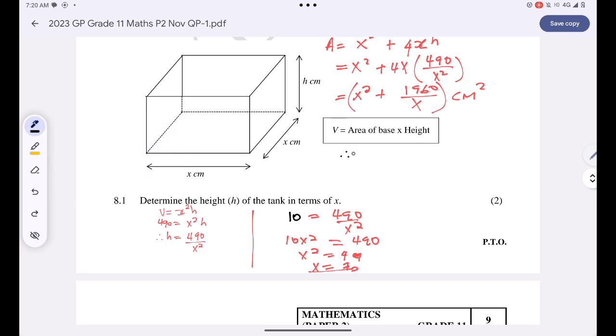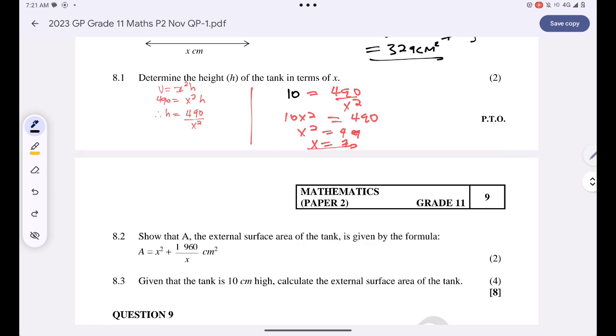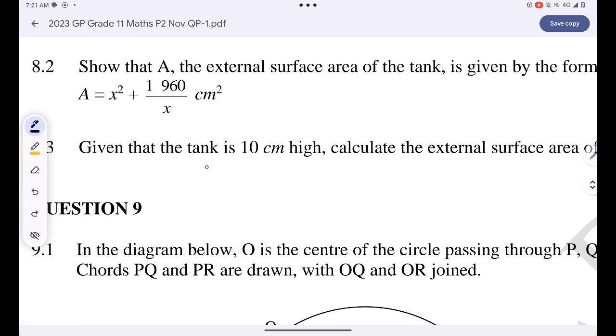So therefore, the surface area will be just 7 squared plus 1960 divided by 7. What will I get? 7 squared plus 1960 over 7, I'll simply get 329 centimeters squared.